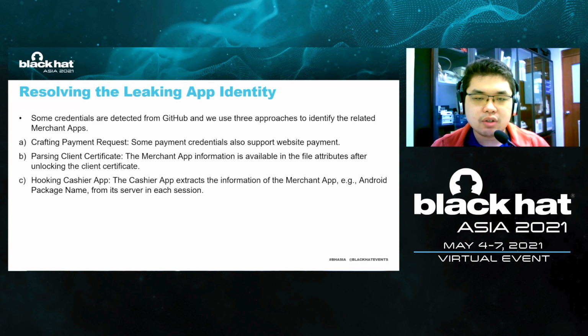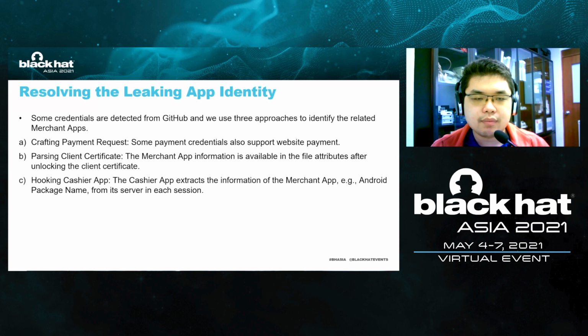Thus, we developed a 3-in-1 approach for this target. First, some payment credentials also work for websites, so we can craft the corresponding payment request and send it to the cashier server. Then the desired app information will just appear in the response from the cashier server.